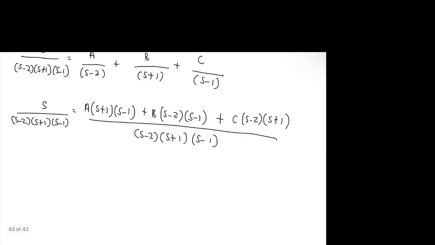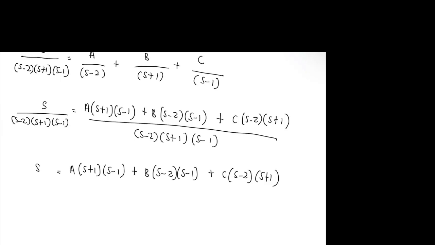So you can rewrite s equals A(s plus 1)(s minus 1) plus B(s minus 2)(s minus 1) plus C(s minus 2)(s plus 1).